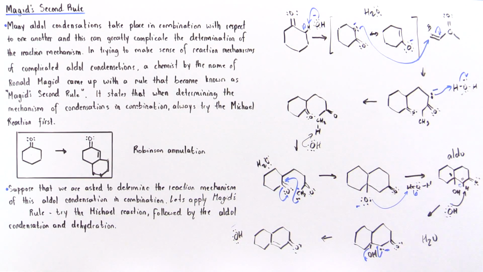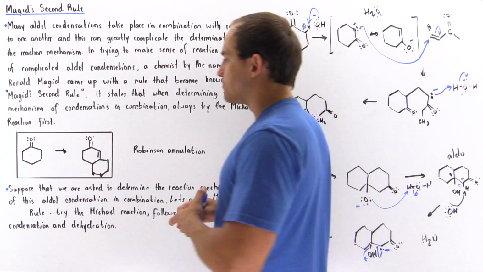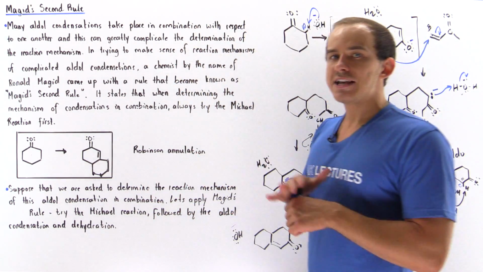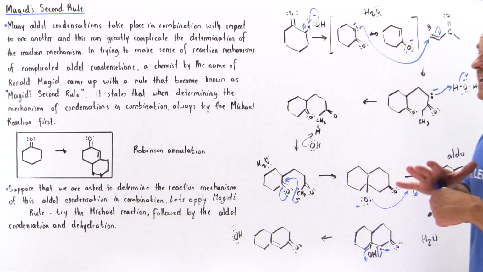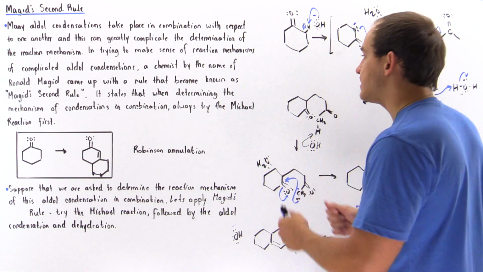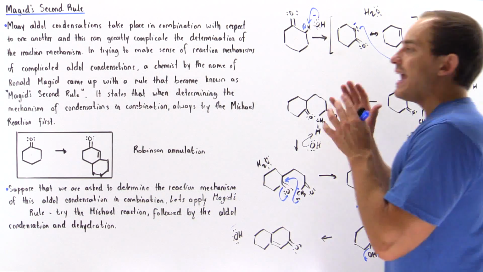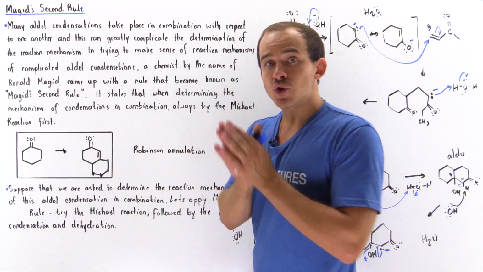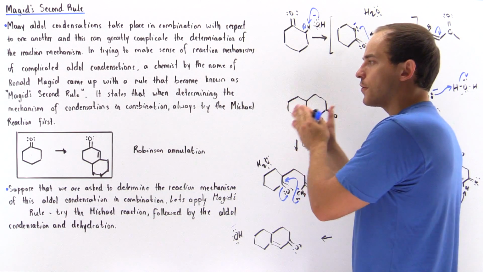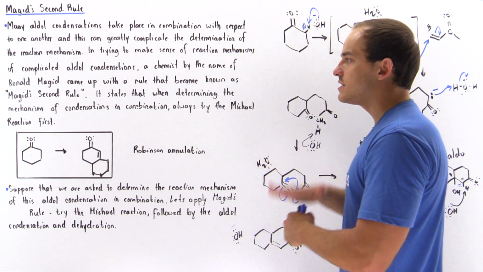Okay, so we can see that when trying to determine the reaction mechanisms of aldol condensations that take place in combination, in this case, the Michael reaction followed by the aldol condensation, it really helps to try the Michael reaction first, followed by the aldol condensation.